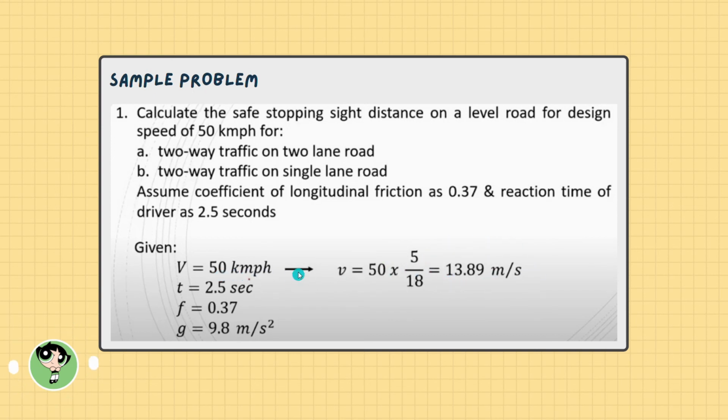This one was in kilometers per hour, and this one is now in meters per second. Next, we have our reaction time of the driver, which is 2.5 seconds, our friction 0.37, and of course our gravity, which is 9.8 meters per second squared. So these are the given values.